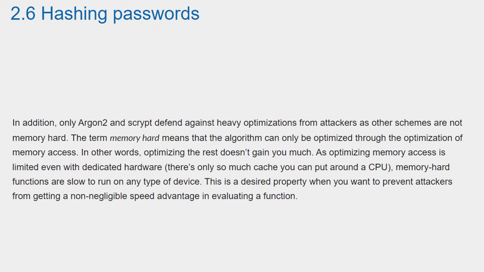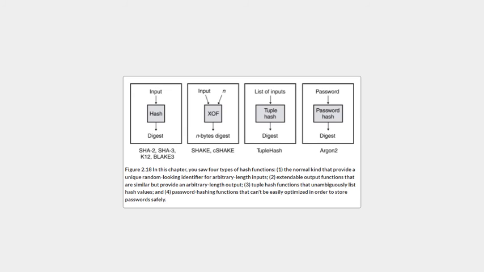As optimizing memory access is limited even with dedicated hardware, there's only so much cache you can put around a CPU, memory hard functions are slow to run on any type of device. This is a desired property when you want to prevent attackers from getting a non-negligible speed advantage in evaluating a function. Figure 2.18 reviews the different types of hash functions you saw in this chapter.